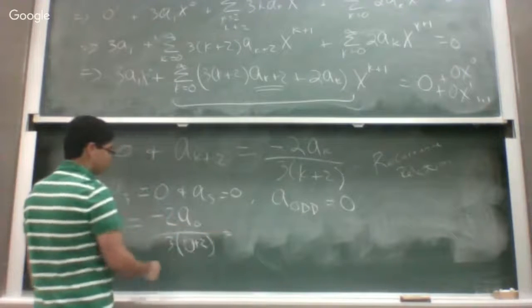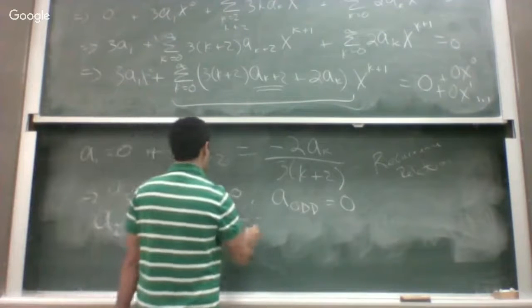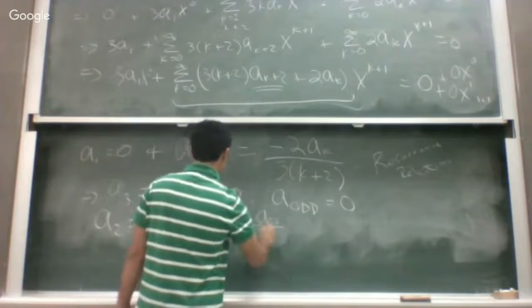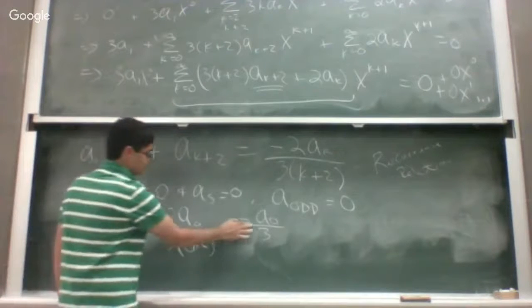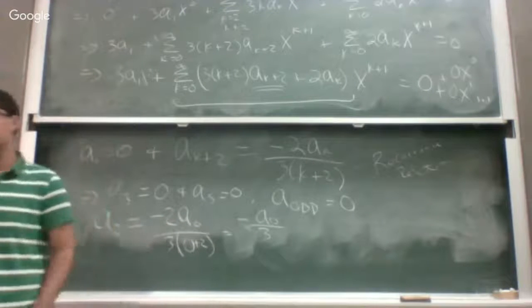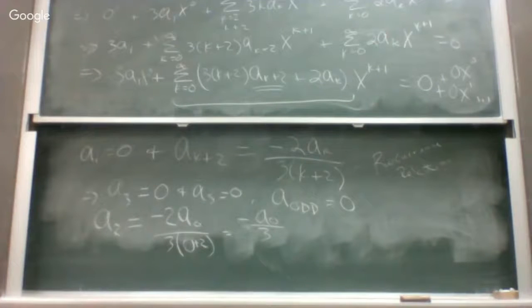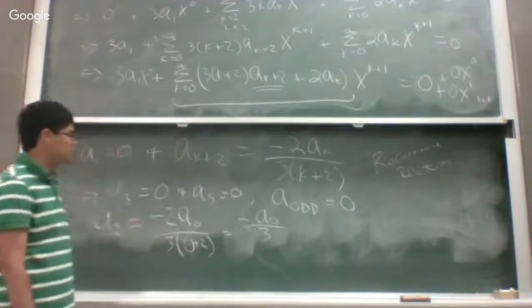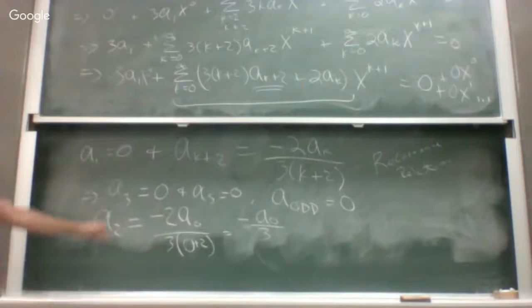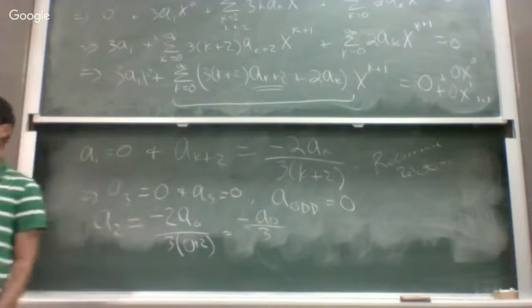So our answer would be a negative a sub 0 divided by 3. That would be our a sub 2 value. So on your exam, you may have to find a sub 2 and a sub 3 and a sub 4 or something. But once you have this equation, that's not hard. Then it's just plugging in the different things.